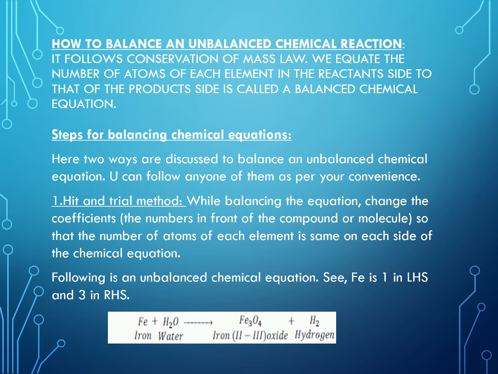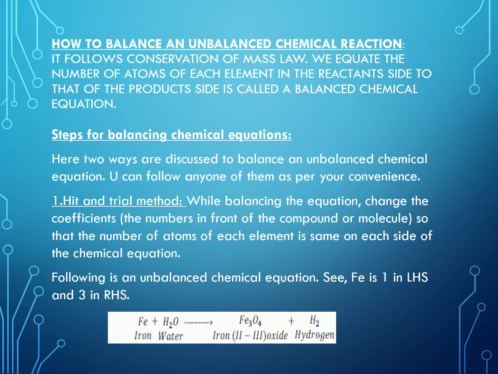Now in this method we change the coefficients, that is the numbers in front of the compound or molecule, to make the number of atoms of each element the same on each side of the equation. We will understand it with an example.